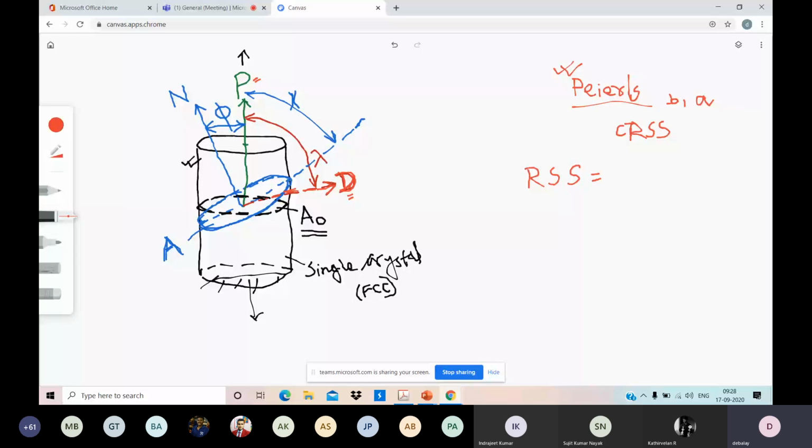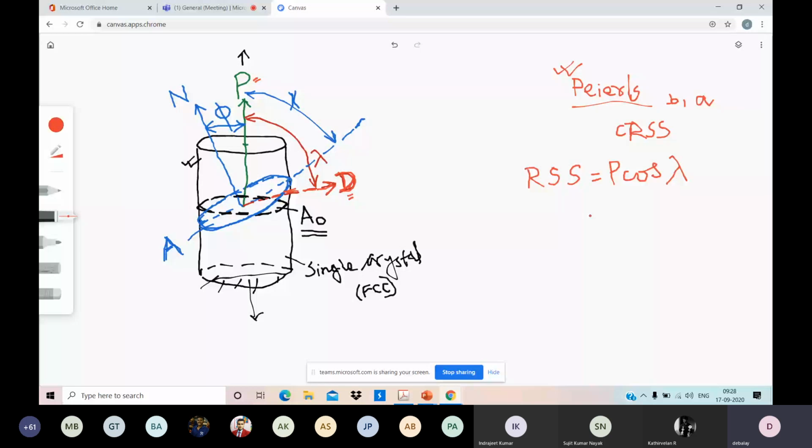So what would be that value? P cos lambda. What would be the area of that plane?